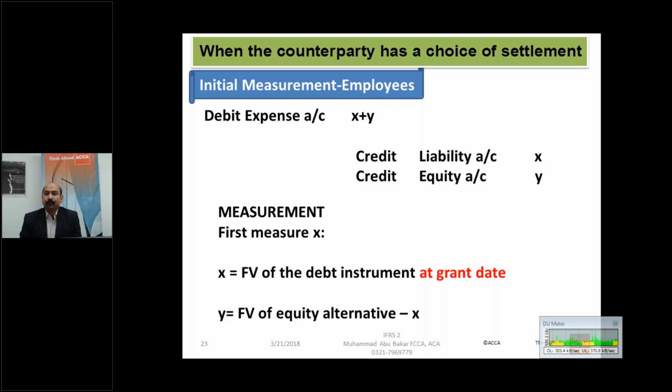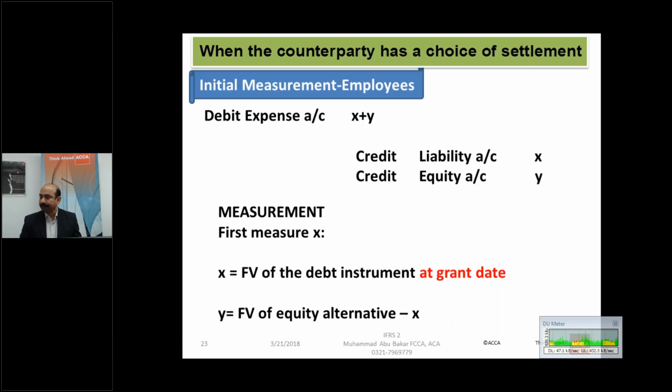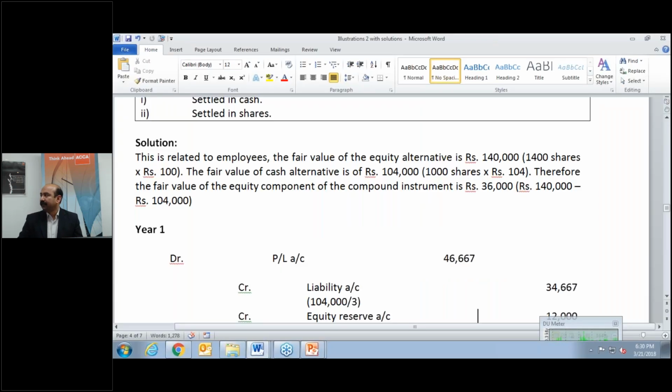So we will multiply these two figures by 1/3 to calculate the liability account and equity account charge for this first year. Y is 36,000. When we divide it by 3, this will give us 12,000.